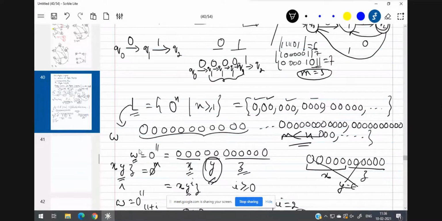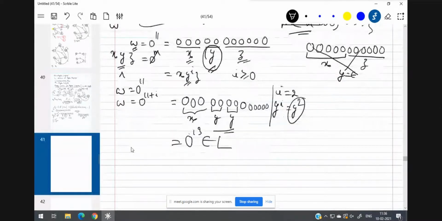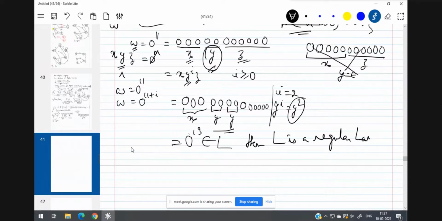So hence, after increasing the length of W by some values at the Y portion, 0 to the power 13 still belongs to L. Then L is a regular language. Got it? This is the explanation.